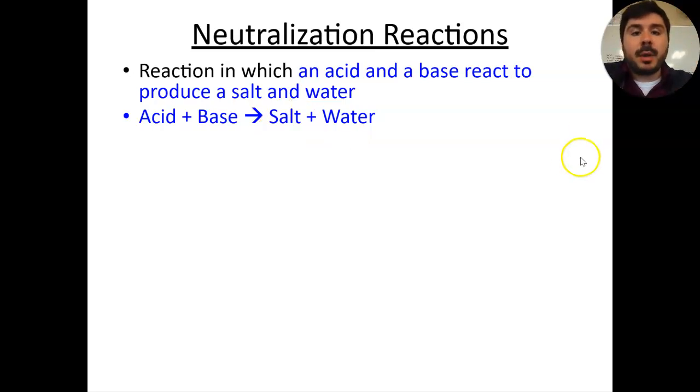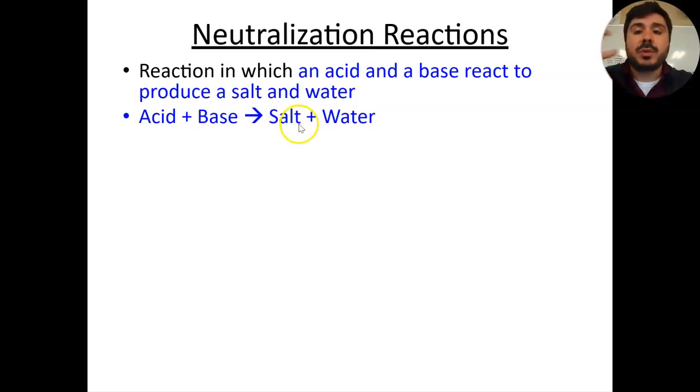Now, one thing, and I'll clarify this as well in class, is that whenever you think of the word salt, 9 times out of 10, the first compound that comes to mind is NaCl, right? Table salt, sodium chloride. And that can be true, right? Table salt, NaCl, can be formed in these neutralization reactions, but it's not always going to be the case.